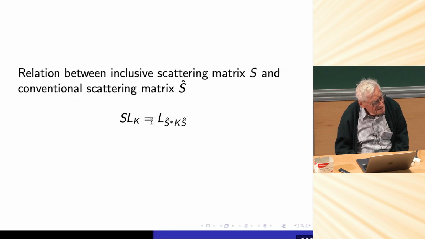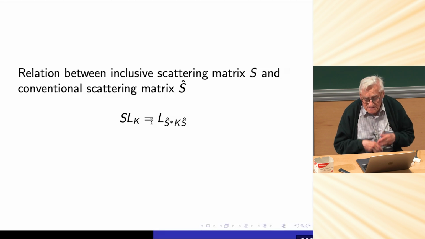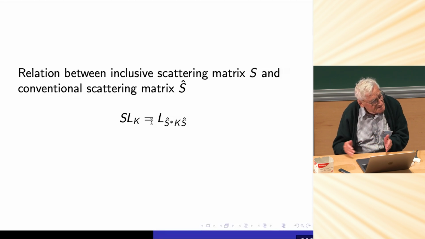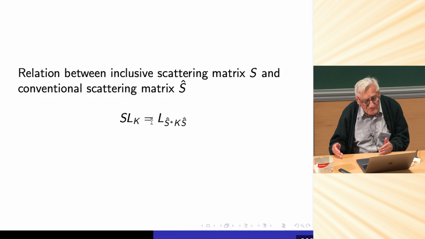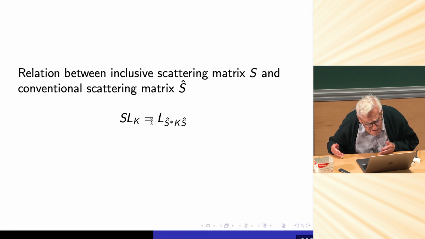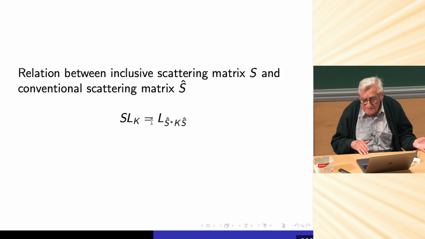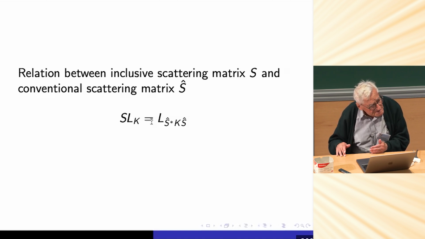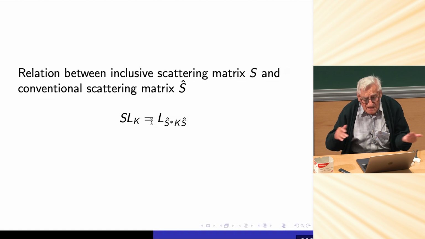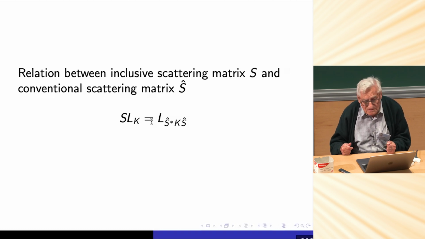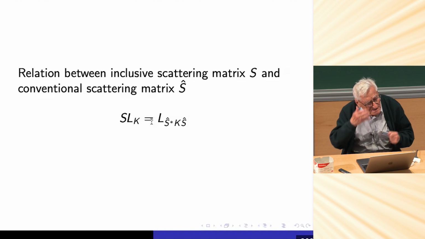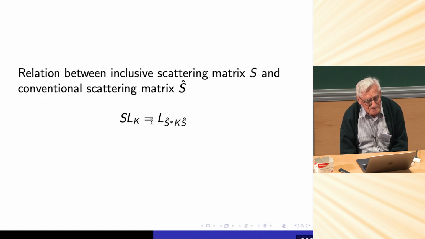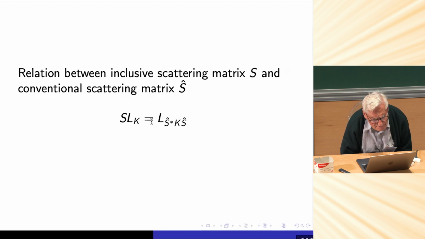It acts in Fock space, and this inclusive scattering matrix that acts in Fock space gives a natural action on density matrices in Fock space, and then you can go to L functionals, and you will get the inclusive scattering matrix acting on L functionals. So again, you apply S hat twice.